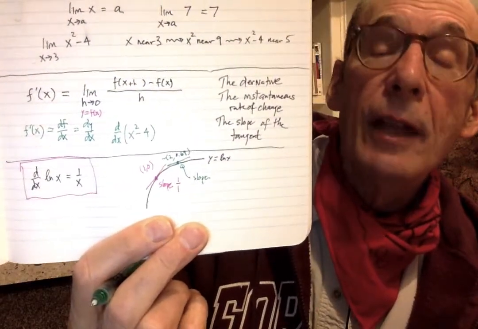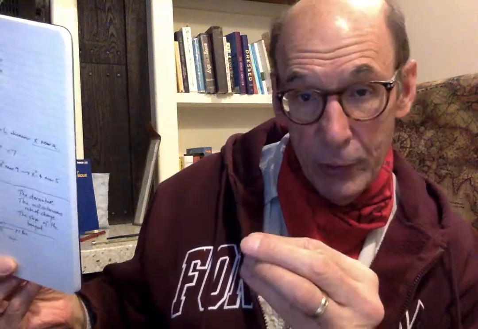And I've drawn the tangent line, and the slope is just 1 over 2. The input is 2. The slope is the reciprocal of the input. So the slope is 1 over 2. And so we can talk about values of the natural log using the tangent line approximation near 2.